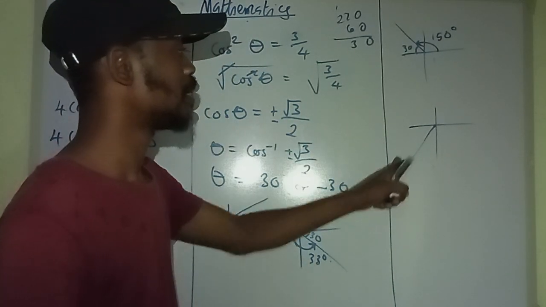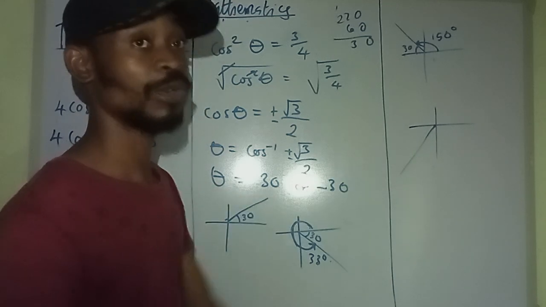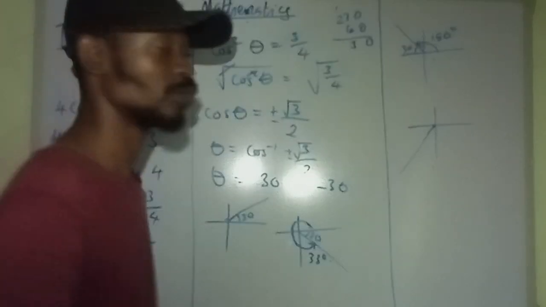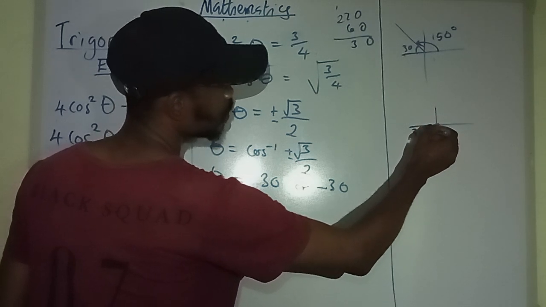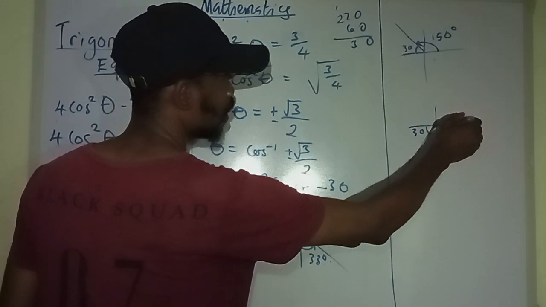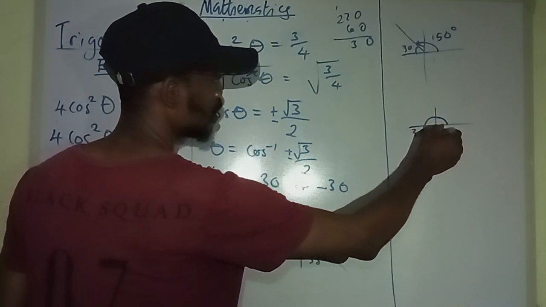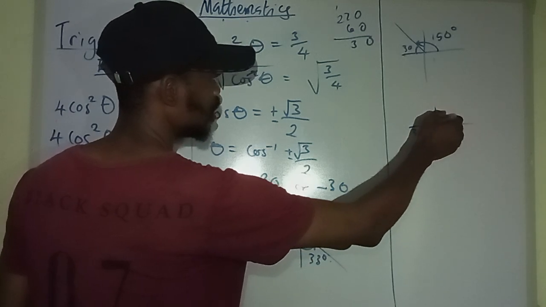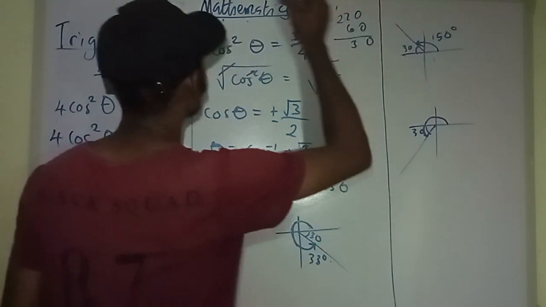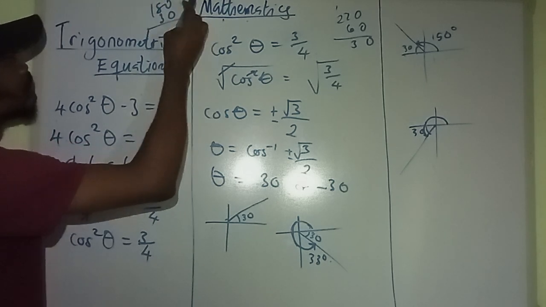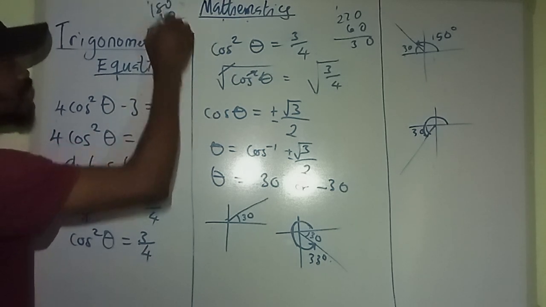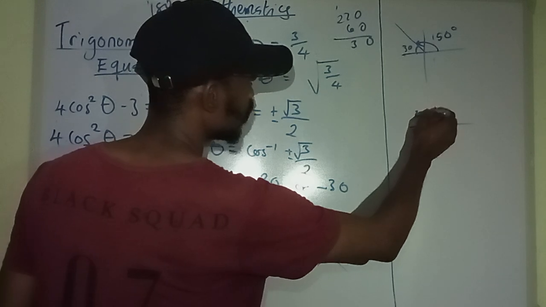And then in the third quadrant, like we said, cos is negative. It's going to be like this, right here, 30 degrees. Then we calculate all the angles from the positive x-axis. It goes all the way, that's 180 plus 30, which is going to give us 210. So this entire angle is 210.